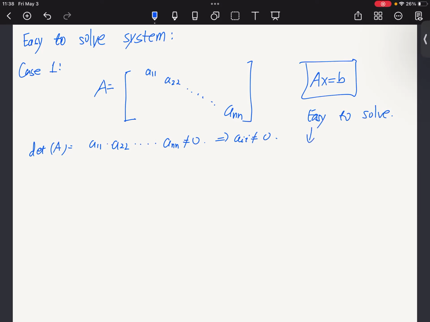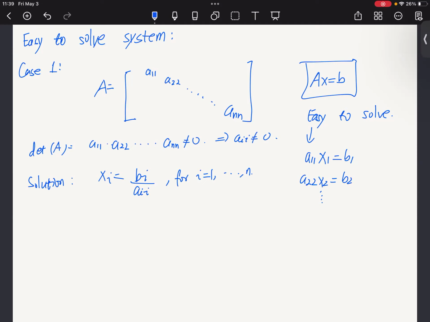If you translate it into the original version of the system of equations, the first equation is just a11 x1 equals b1, and the second equation is just a22 x2 equals b2, and so on and so forth, which means the solution is x_i equals b_i divided by a_ii for all i equals 1 to n. And this is the easy case.